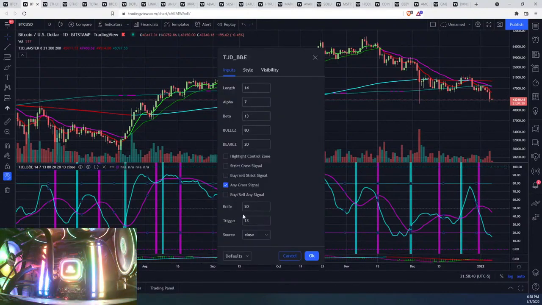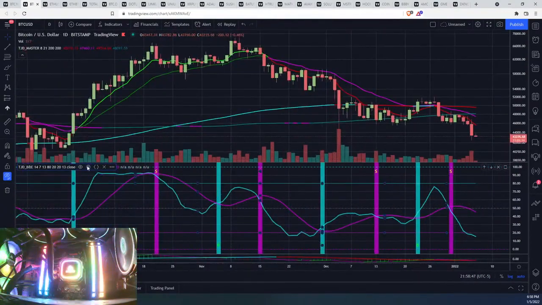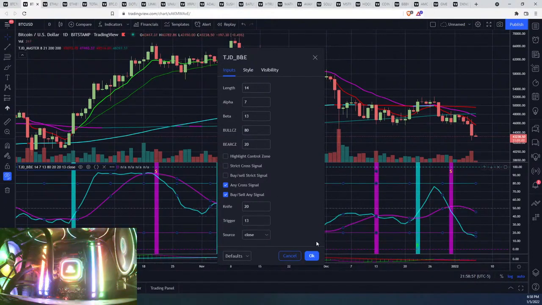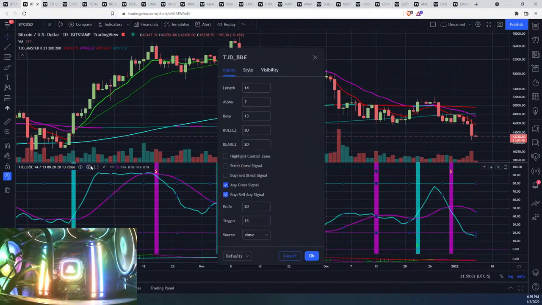And then we have the buy and sell signal, which is basically the same exact thing. I'm going to turn off the any cross signal, but you'll see that it puts the B and the S in the same place exactly. All it is, is literally giving us a hard S or a hard B wherever it lights up that zone.